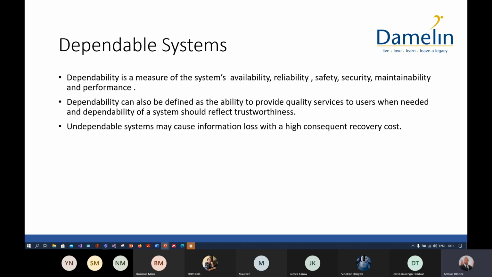So these are the common attributes that you look out for when you're measuring how effective a system is. They also say that dependability can be defined as the ability to provide quality services to users when needed, and dependability of a system should reflect trustworthiness.